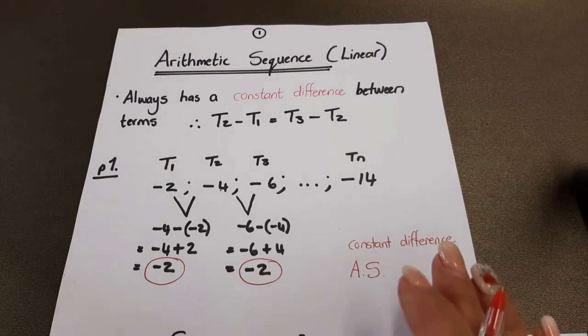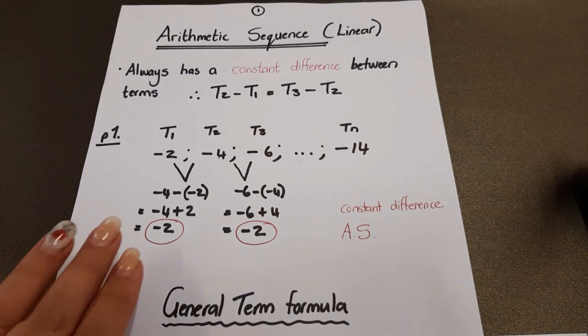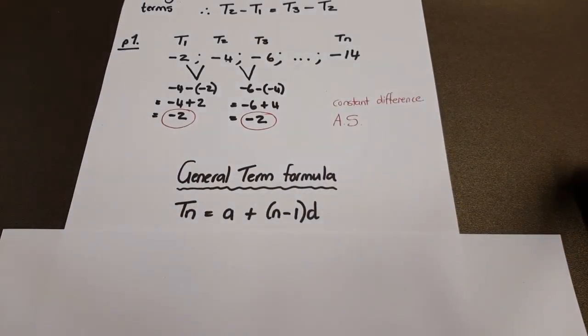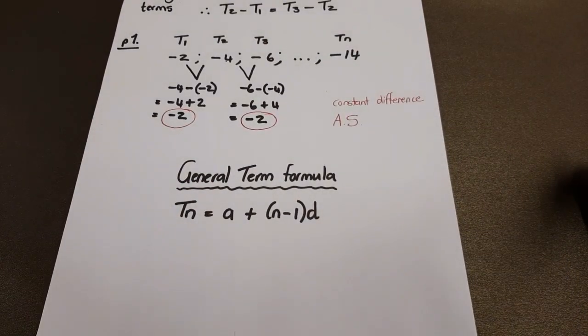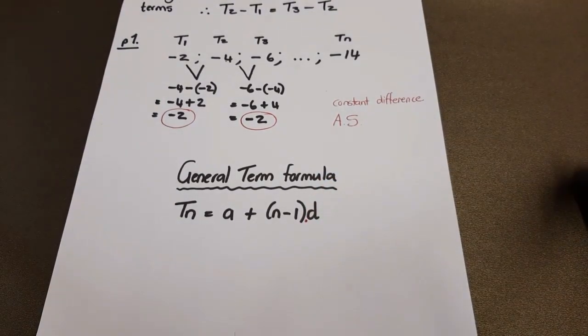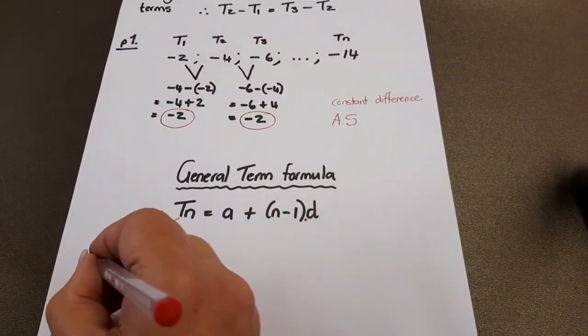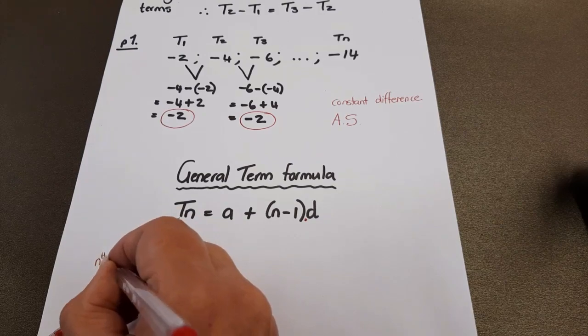Now, the arithmetic sequence has a general term formula, and you have to know that by heart. It is Tn equals a plus (n minus 1) times d. Remember, you have to multiply the d with the answer in the bracket. Now, what does this mean? Tn means it is the nth term.